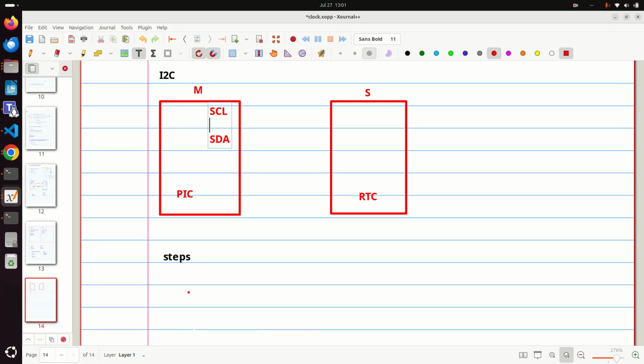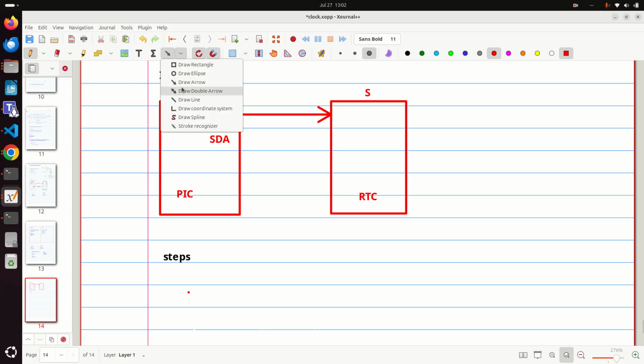Now master is the one who is going to generate the clock line. So that's why the direction should be, let me select this, like this, from master to slave. And next is the data line.